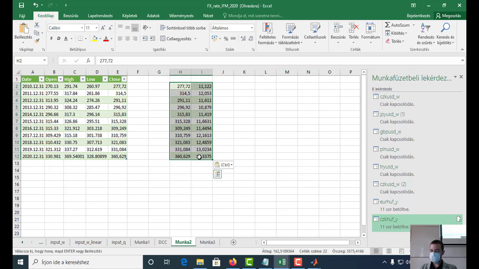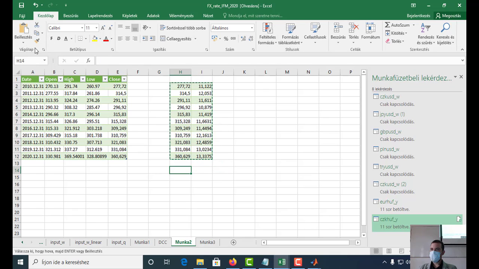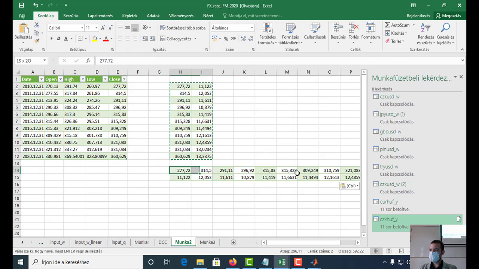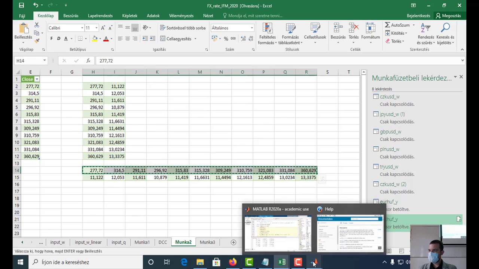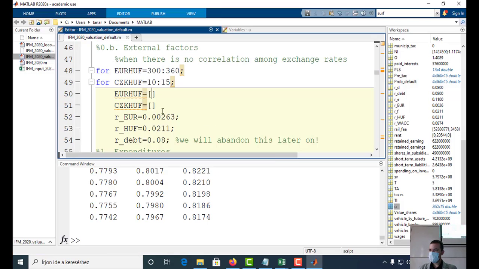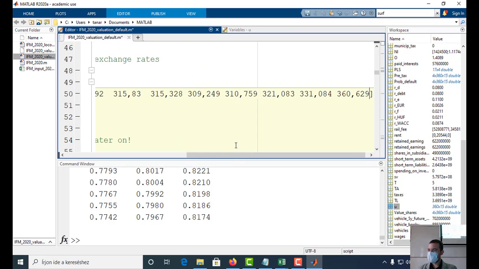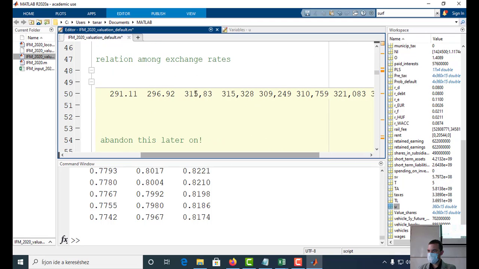Should I transpose this? And maybe if I copy it right now, yeah, it's supposed to be good, just it's not, because now I have to convert back all the decimal commas to decimal points.